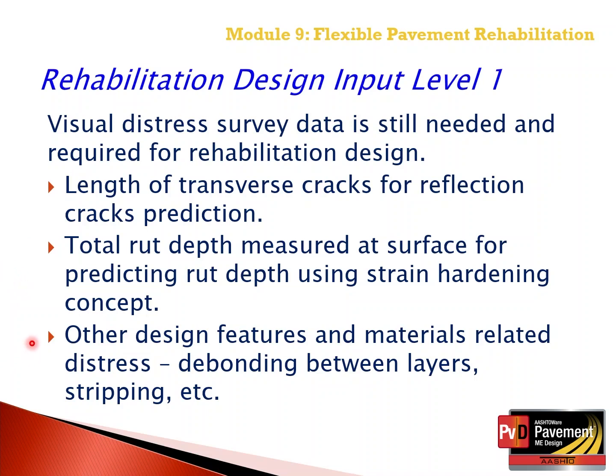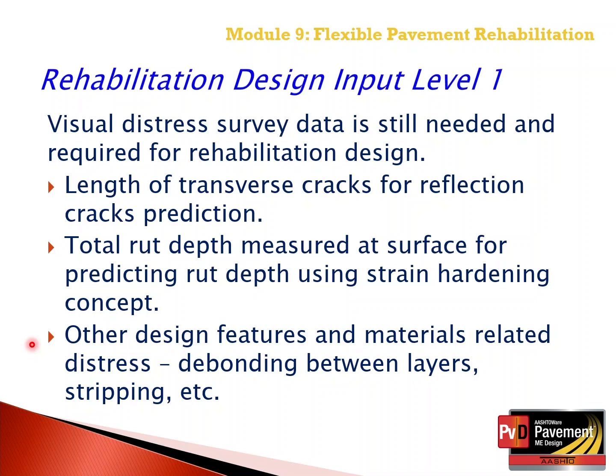And then other design features and materials related to stresses are used, such as debonding between layers, stripping, raveling at the surface, whatever surface distresses are observed and recorded at the surface of the asphalt pavement.